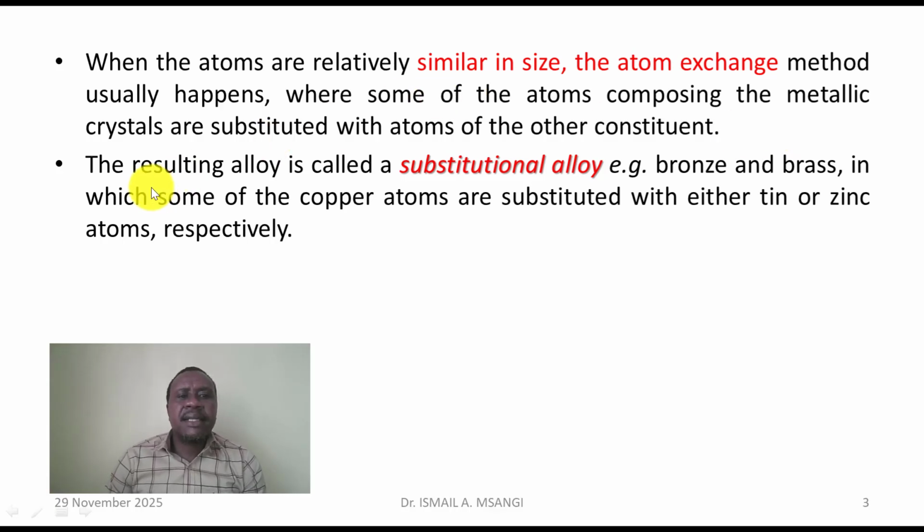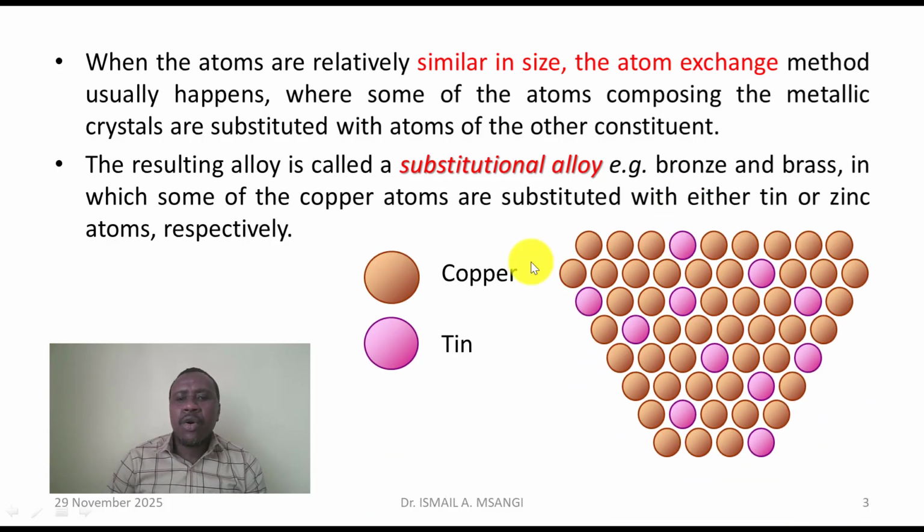And the resulting alloy formed when atoms are exchanging one another is what is referred to as substitutional alloy. And a good example of this kind of alloy is bronze, where copper atoms are replaced by tin. And as we know, copper and tin have almost similar size. They are not the same per se, but the sizes do not have much difference.